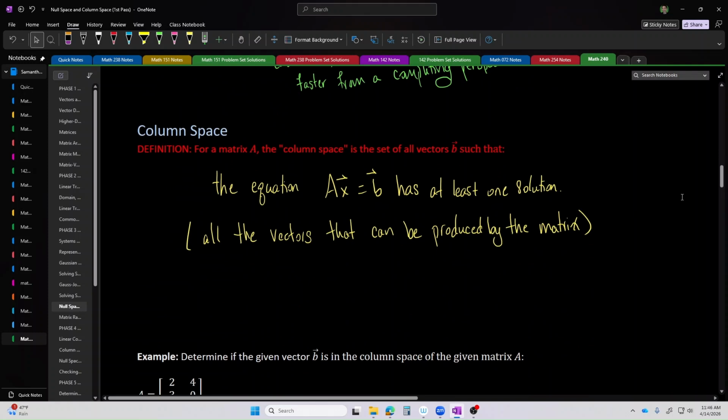Now, the column space were the set of all the vectors in the codomain that the matrix A could actually produce. All of the vectors in the codomain such that AX equals B has at least one solution. It can be produced by this matrix somehow.